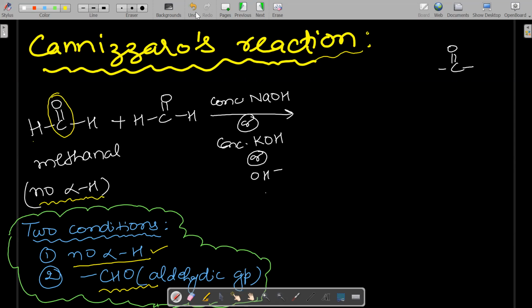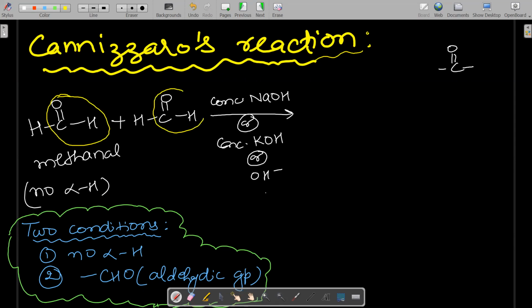So what is the Cannizzaro reaction? You can see over here, the CHO group is present and no alpha hydrogen. In the Cannizzaro reaction, there is a use of 2 moles. This is an inter-Cannizzaro reaction.